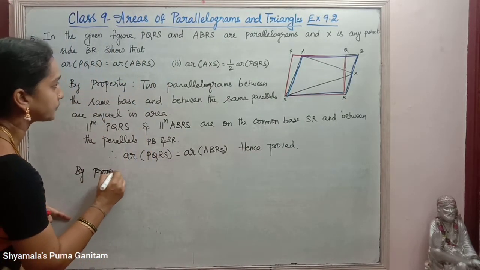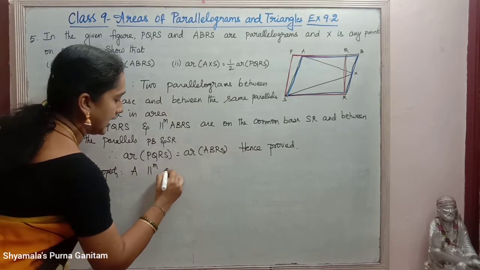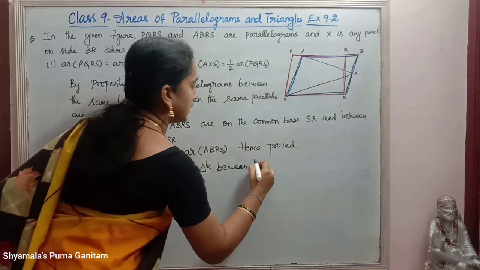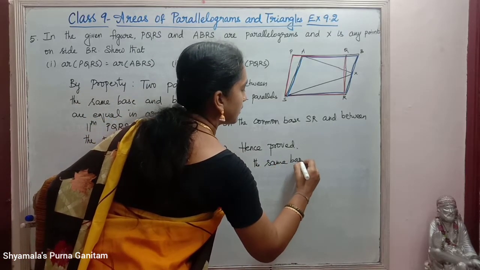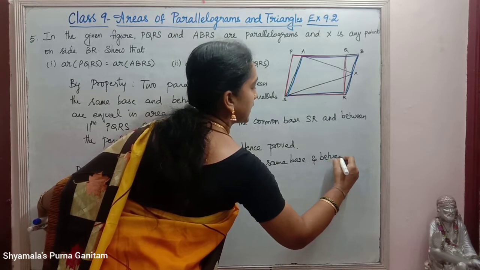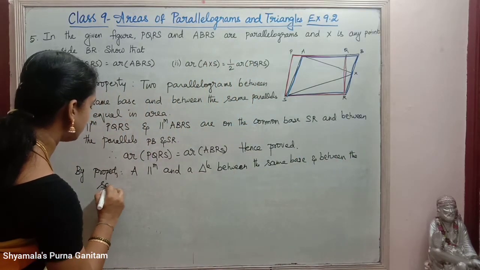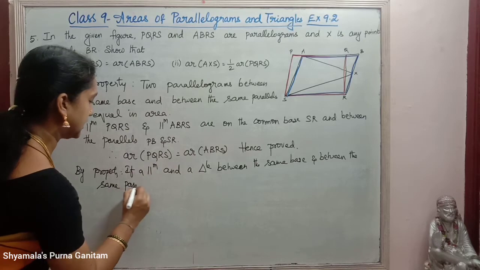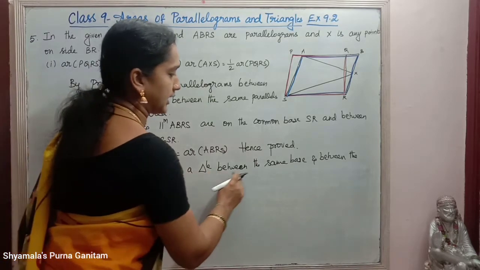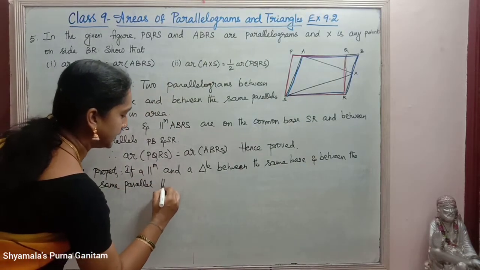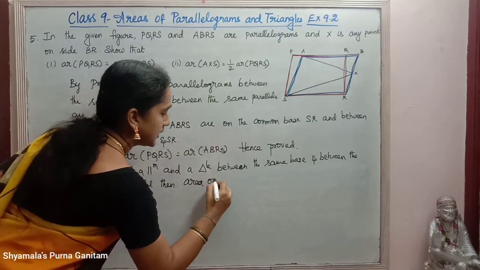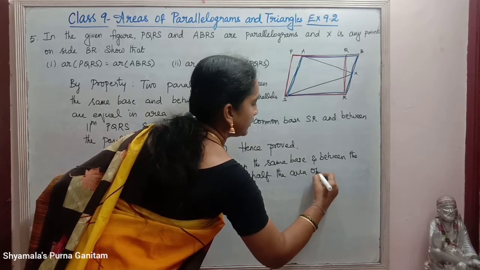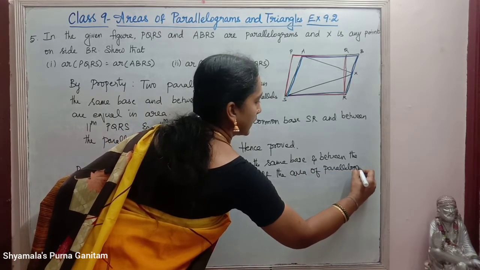By property, if a parallelogram and a triangle are between the same base and between the same parallels, then the area of the triangle is half the area of the parallelogram.